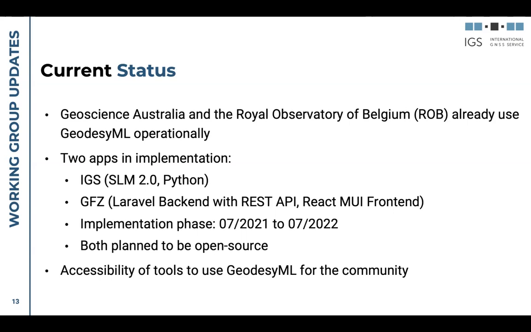And since this will be a big change also for the community who relied on the ASCII SiteLogs, we also want to make tools available to the community to have an easy transition.